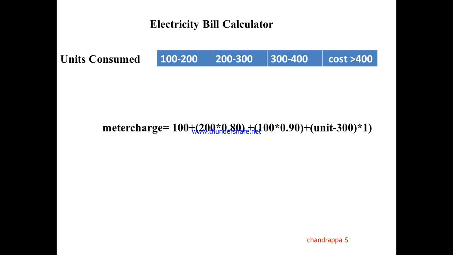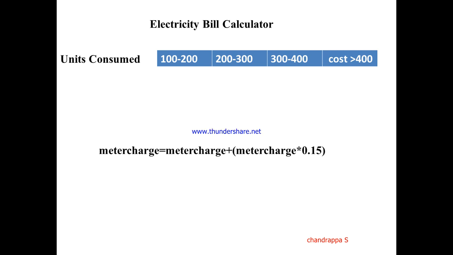In that case, meter charge equal to compulsory charge plus charges up to 200 units, that is 200 into 0.80, plus charges for the next 100 units, meaning charges for 200 to 300 units, that is 100 into 0.90, plus calculate the remaining units by subtracting 300 from total units and apply Rs 1 to each unit, that is units minus 300 into 1.